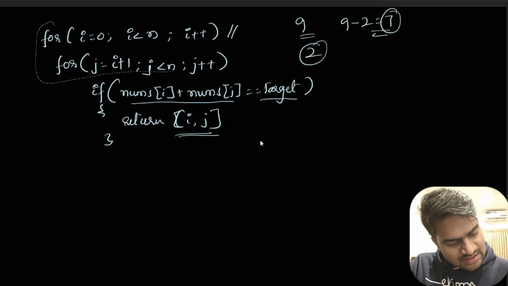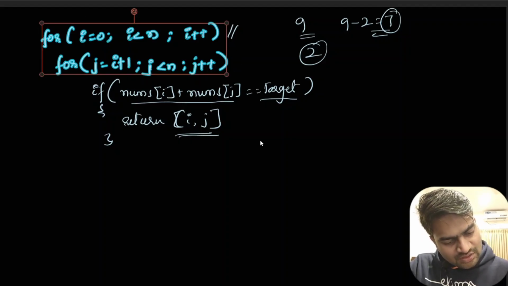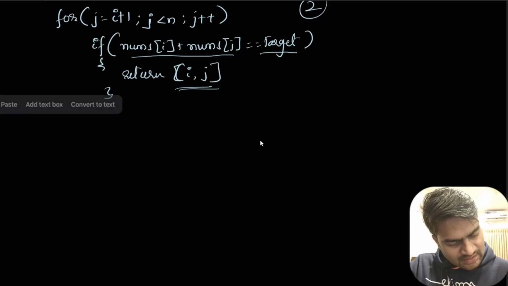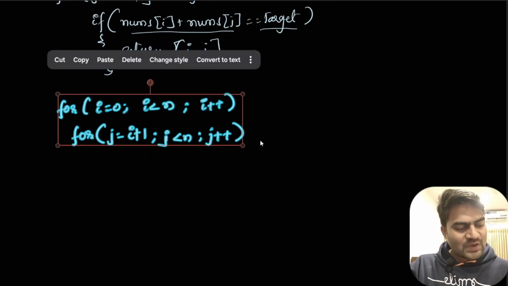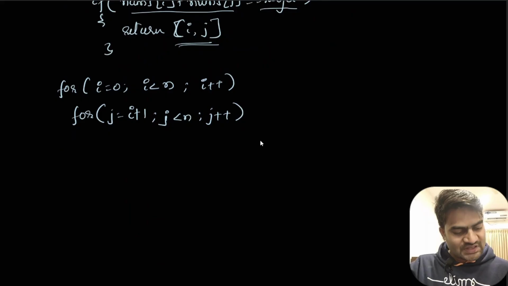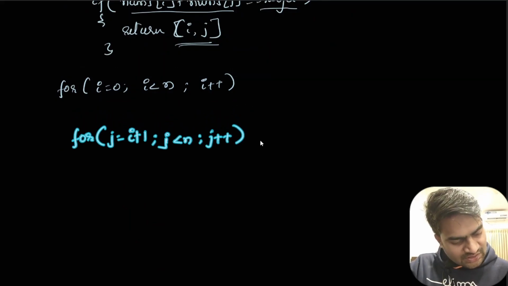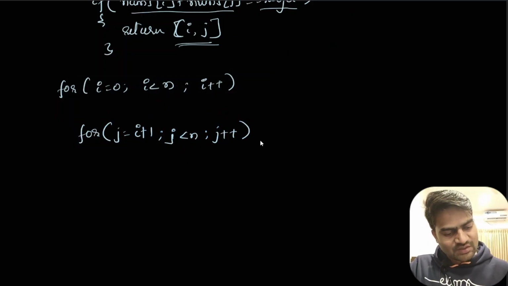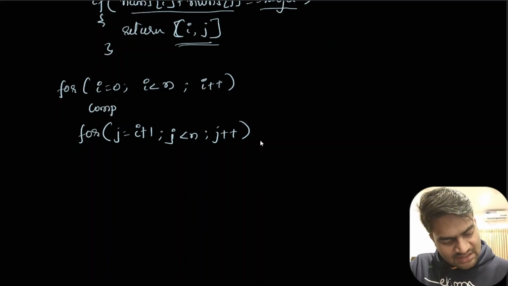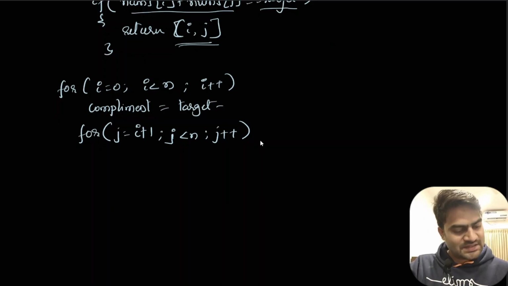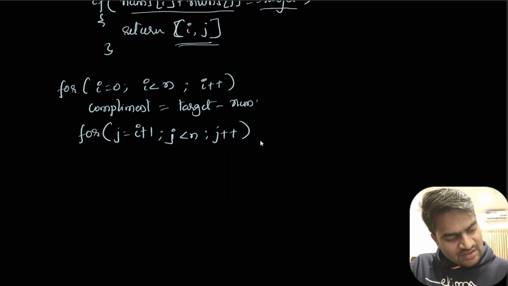So now I will use these two loops. I'll tell you why I'm doing it this way. Before this particular loop, first I will take a variable complement equal to target minus nums of i.